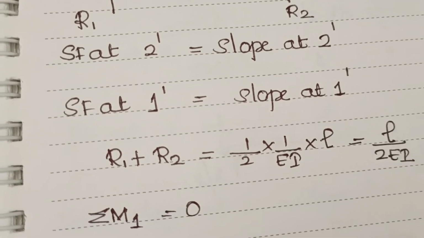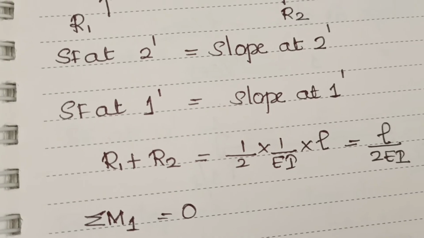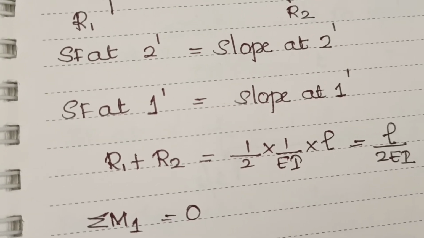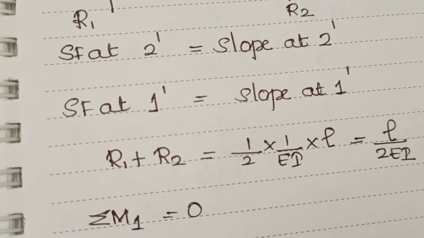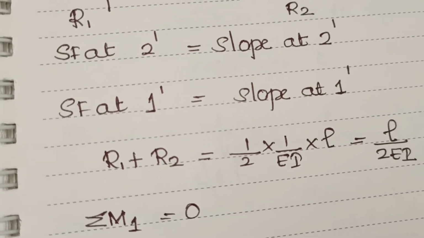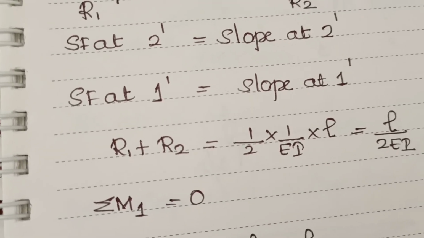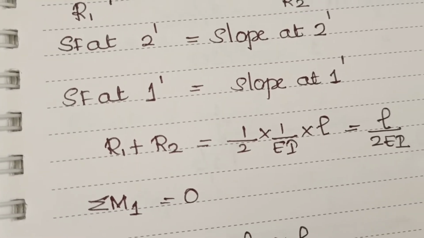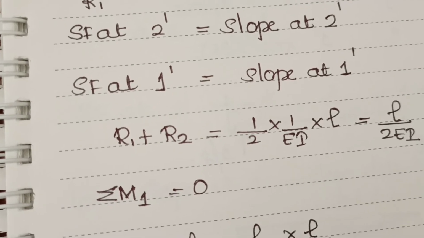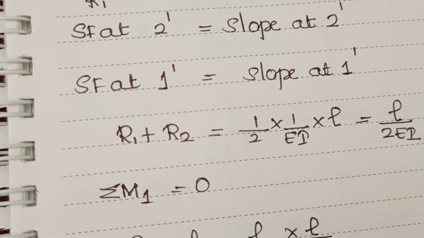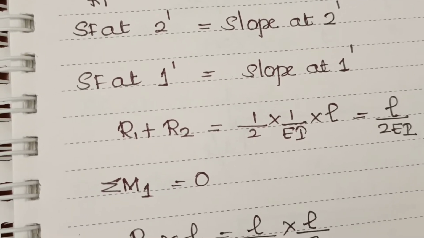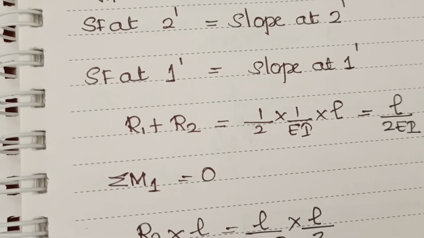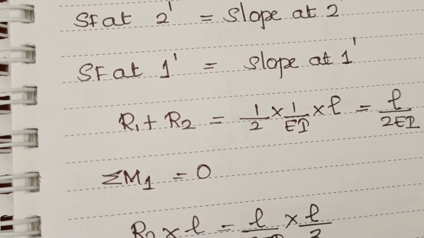So, to find out the shear force at 1 and 2, we need to calculate the reactions R1 and R2. For that, the sum of the reactions will be the total loading. Hence, R1 plus R2 will be half into 1 by EI into L, that is L by 2 EI. Then taking moment from first point, sigma M1 is equal to 0.